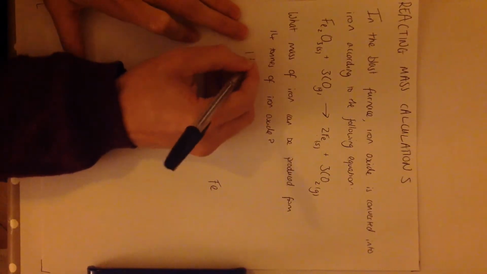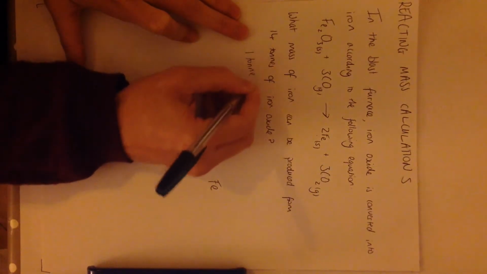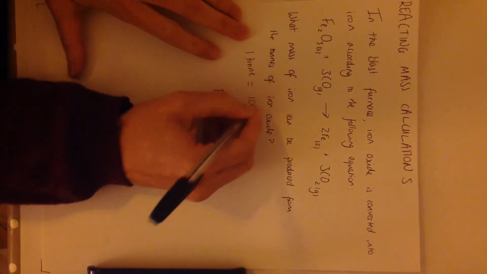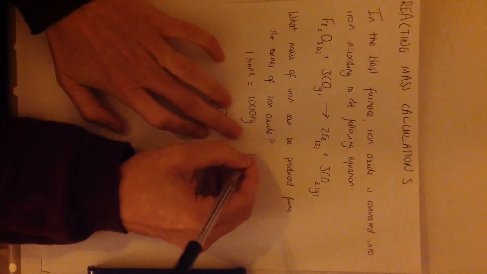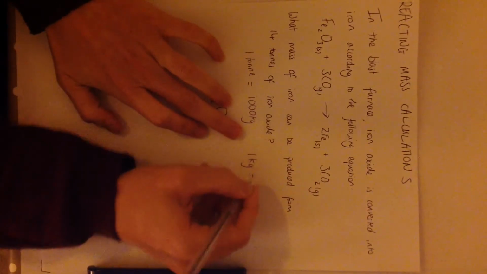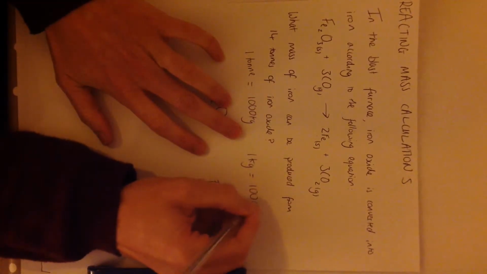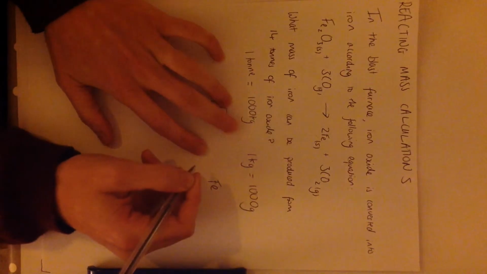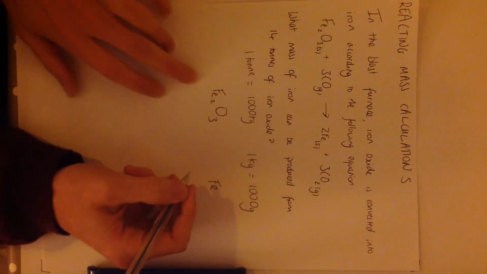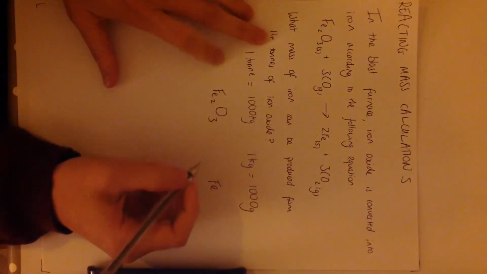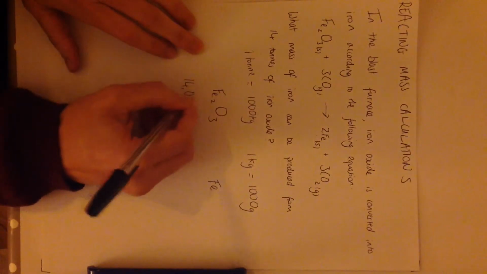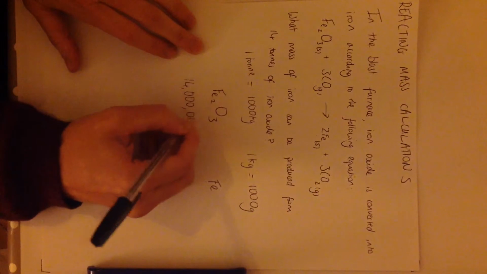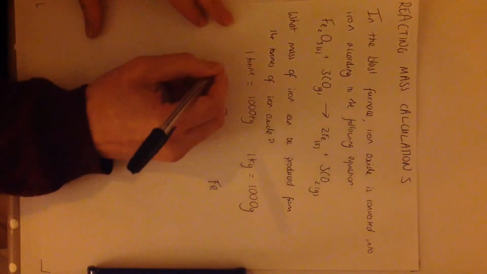1 tonne is equal to 1,000 kilograms, and 1 kilogram is equal to 1,000 grams. It therefore follows that if we have 14 tonnes of iron oxide, we must have 14 million grams.